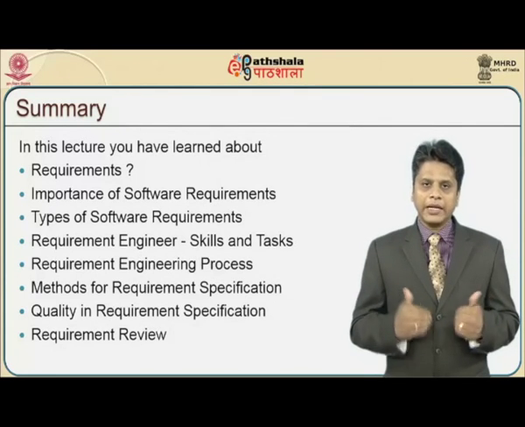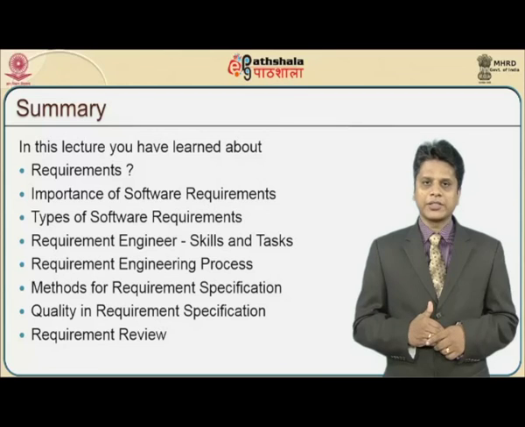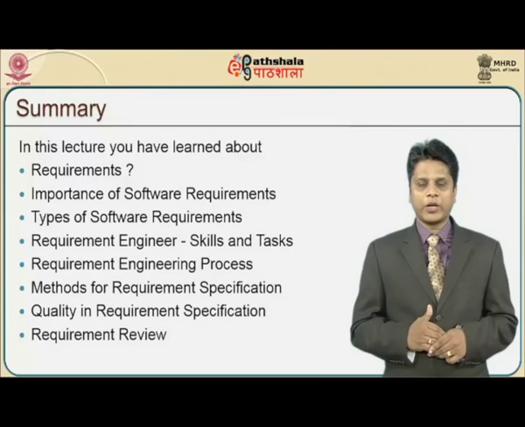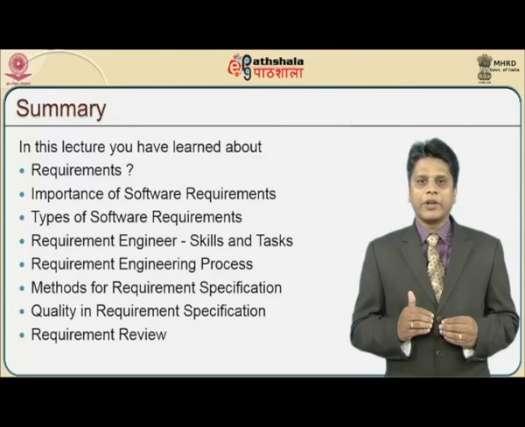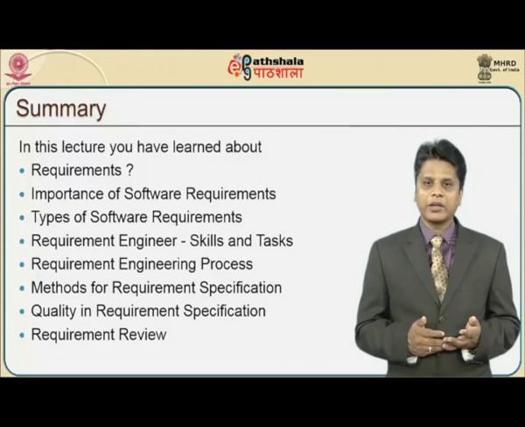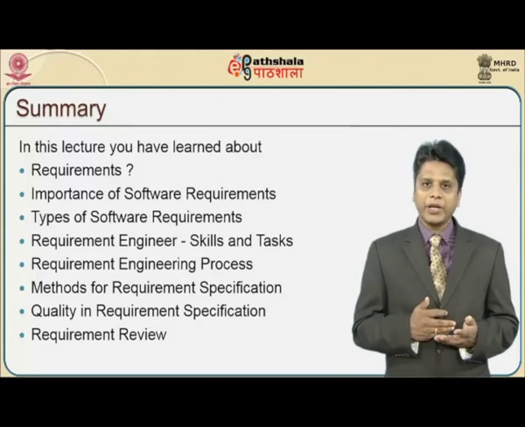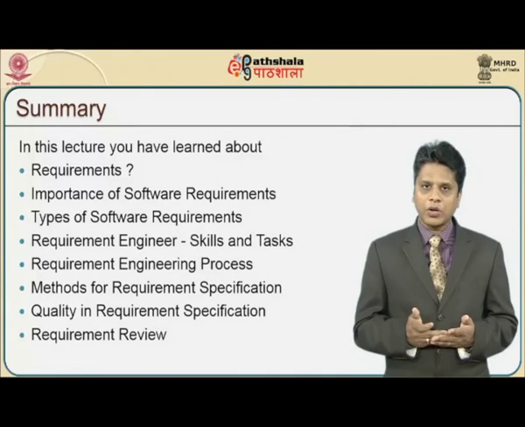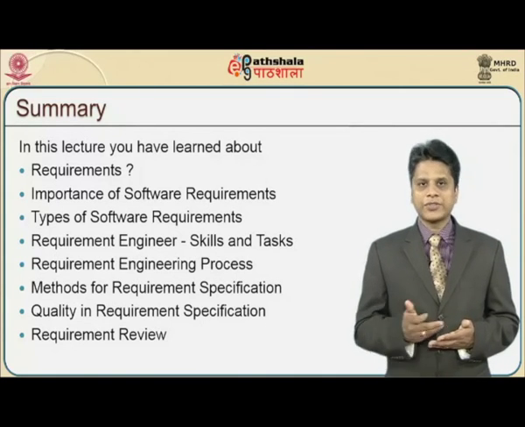And the other point that we have discussed in this session is the quality of software requirements. When we want a requirement specification, if we are looking at the quality, then we may have to look at the completeness of the product. It should be unambiguous, it should be very clear on what we have specified, it should be traceable, and all these things we have studied.